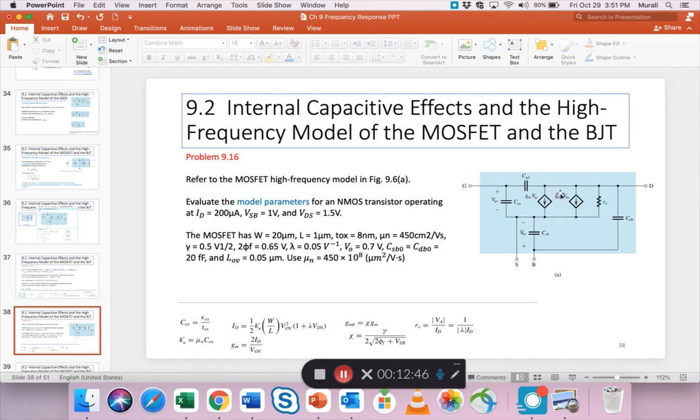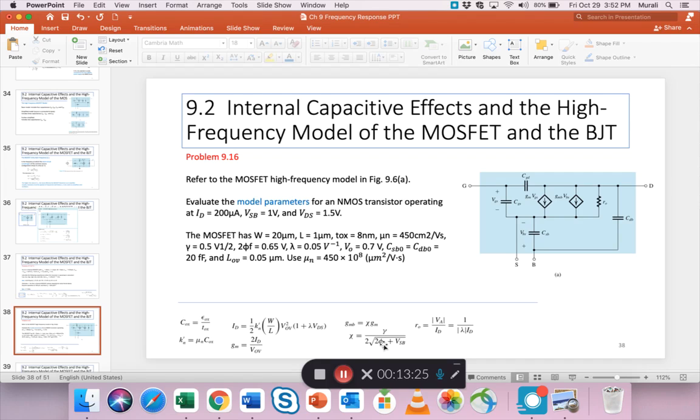GMB is a new term I told you that appears here. It's the product of, is this gamma or sigma? Something like that, this X times GM, where that is given by sigma by this formula. And then RO is just the output resistance, the intrinsic output resistance, which you can use one of these formulas. I think this lambda is given, so we use this formula. Okay. This is a little complicated to find this business.